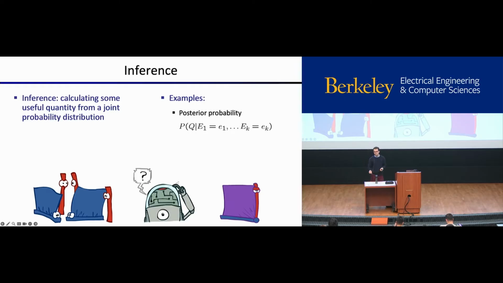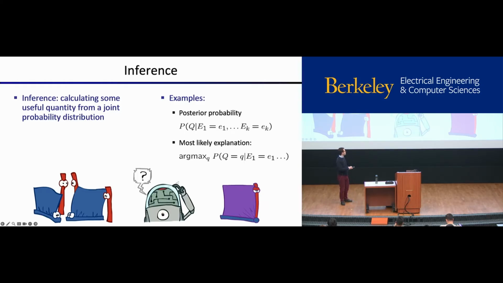Is it spam or is it not spam, given all of those features? So we put the evidence into the model, and then we want this probability distribution of the query variable to come out.